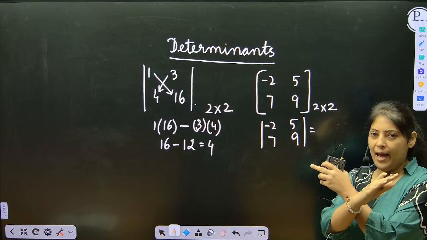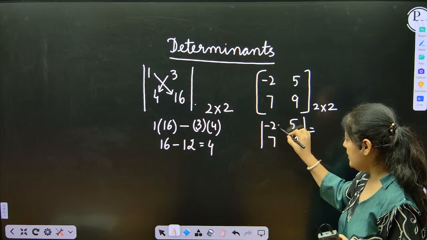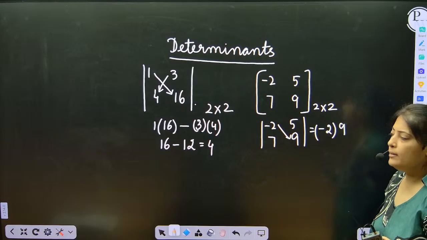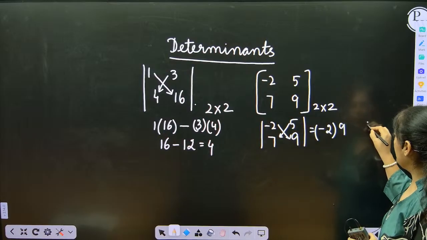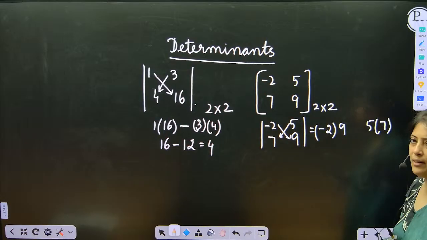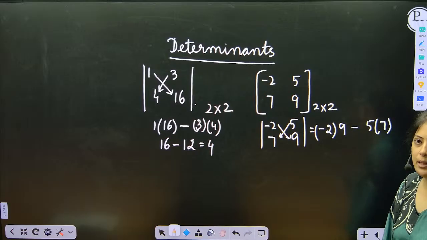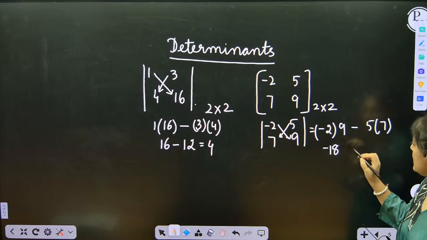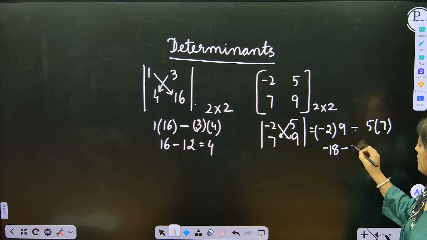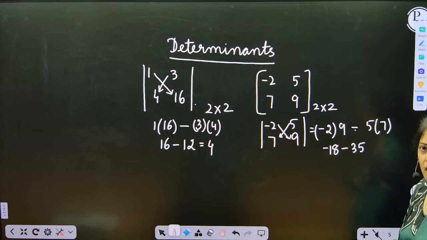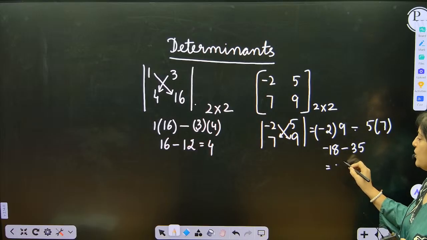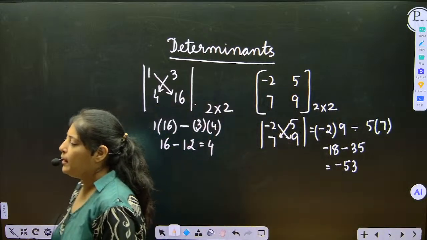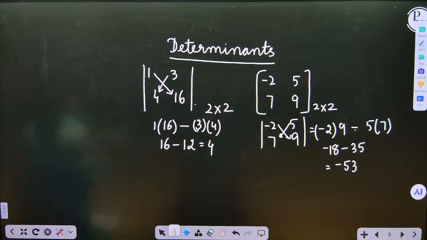Now, as I said, multiply diagonally and subtract. -2 will be multiplied with 9, and 5 will be multiplied with 7, with the minus sign in between. Minus 2 nines are -18, minus sign as it is, 7 fives are 35. When you simplify, it comes out to be -53.